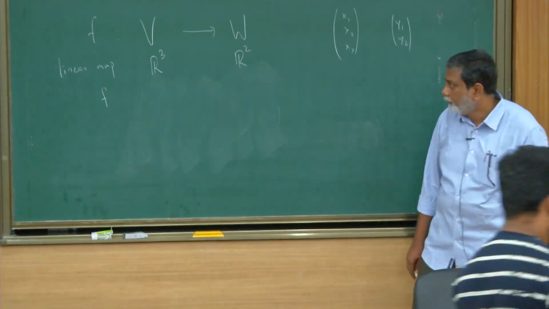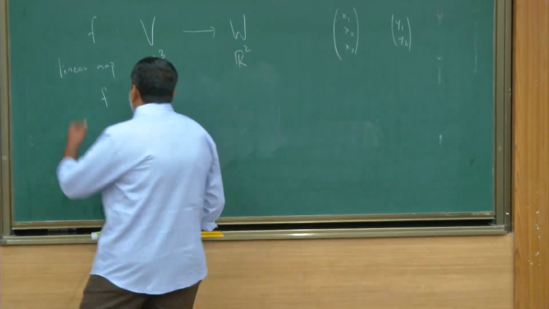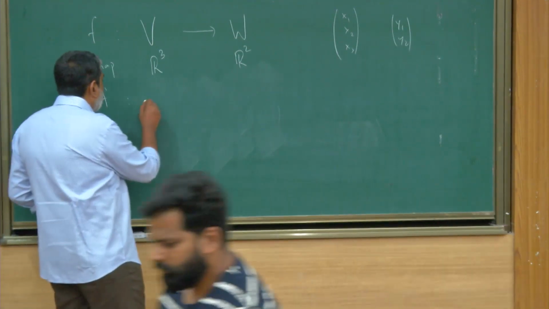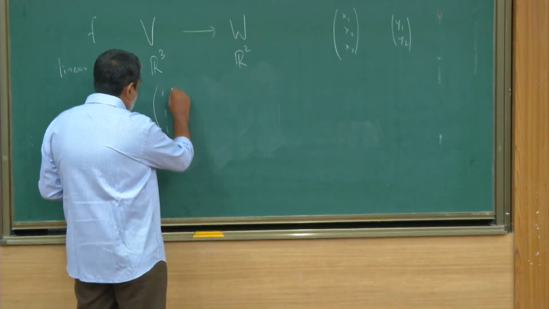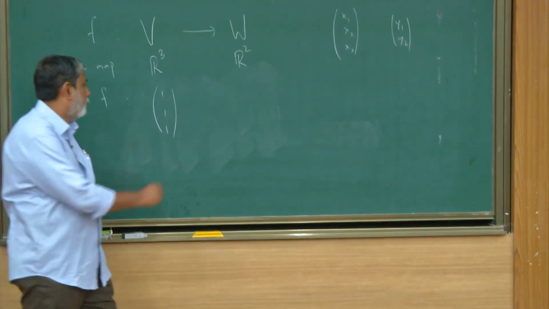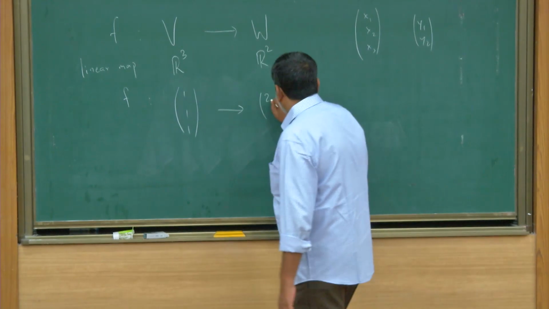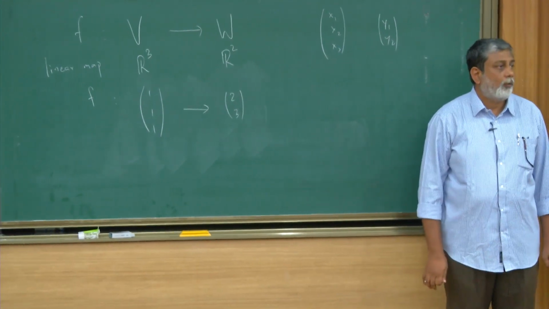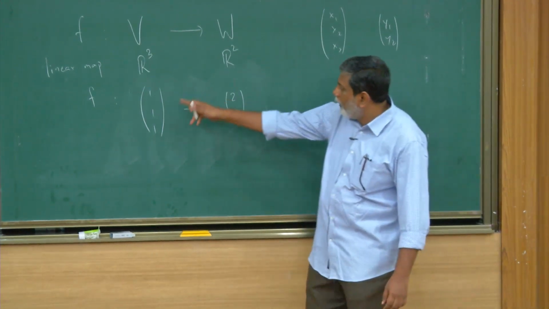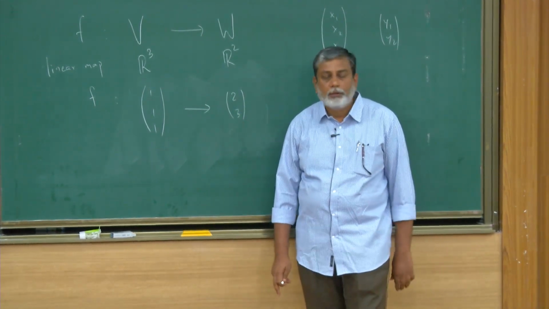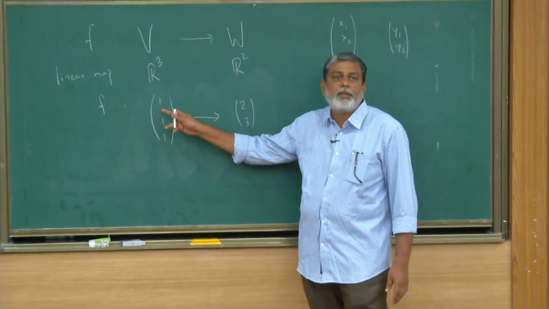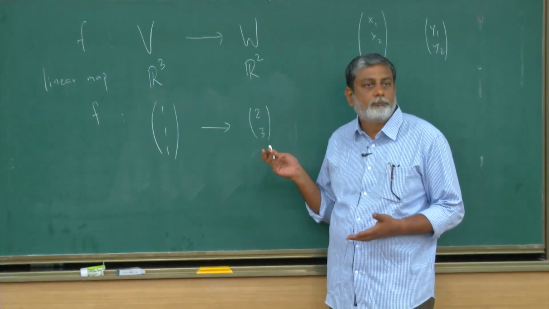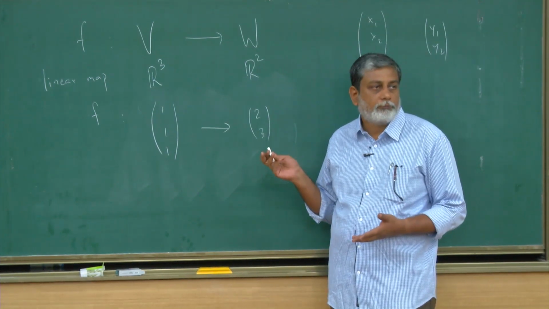Okay, and now let's talk about a linear map. Let's say this linear map takes the vector (1, 1, 1) to the vector (2, 3). All right. Now, once we know (1, 1, 1) goes to (2, 3), then we can immediately say that the vector (2, 2, 2) will go to (4, 6), and so on.